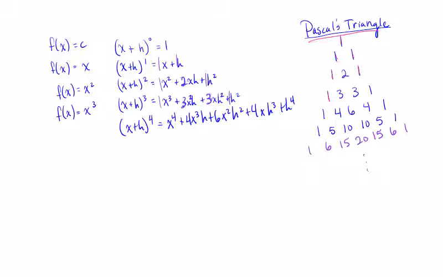Okay, so notice how the x powers decrease, 4, 3, 2, 1, and then no x right here, right? And then the h's increase, right? So we go from no h to h to the 1st, h squared, h cubed, h to the 4th.